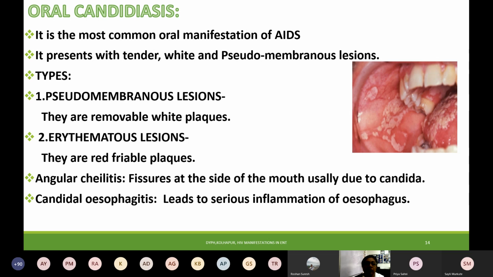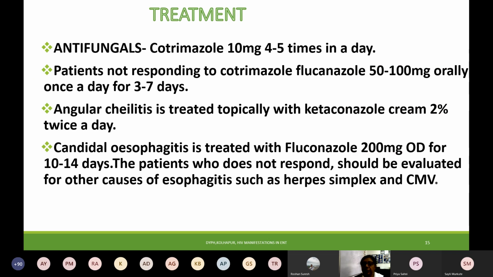Then Candida esophagitis is also seen in oral manifestations. From the oral cavity, it extends to the esophagus and leads to serious inflammation of the esophagus. So this is very important. The treatment is antifungals: clotrimazole 10 milligram, 4 to 5 times a day. Patients not responding to clotrimazole get fluconazole 50 to 100 milligram orally once a day for 3 to 7 days.